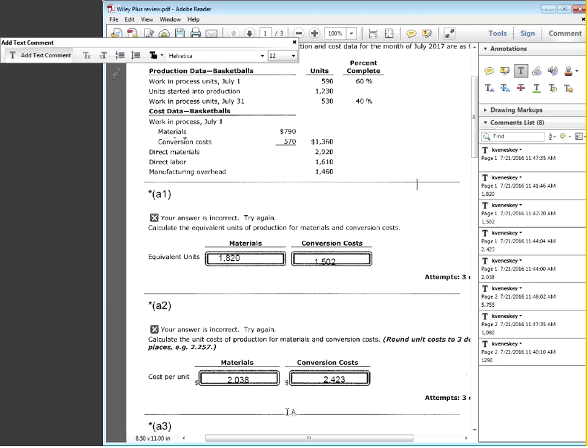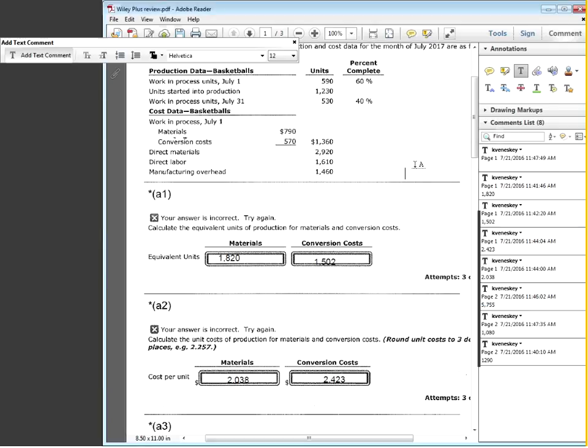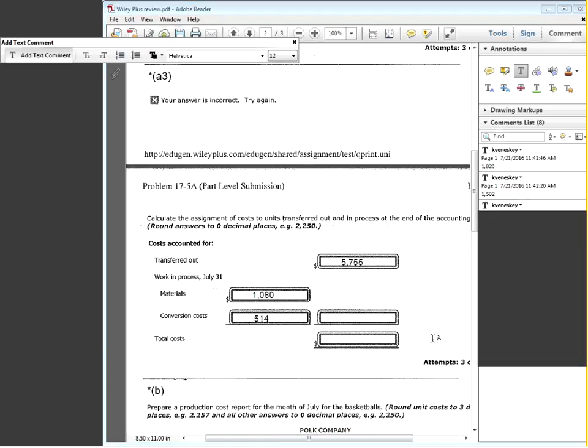So that 530 times 40%, remember that was not 512, but 212. If you take 212 times 2.423, and we round that 513 and 60 cents to the nearest dollar, so we get $514 in conversion costs in my ending inventory, because that's how much I've actually had done.